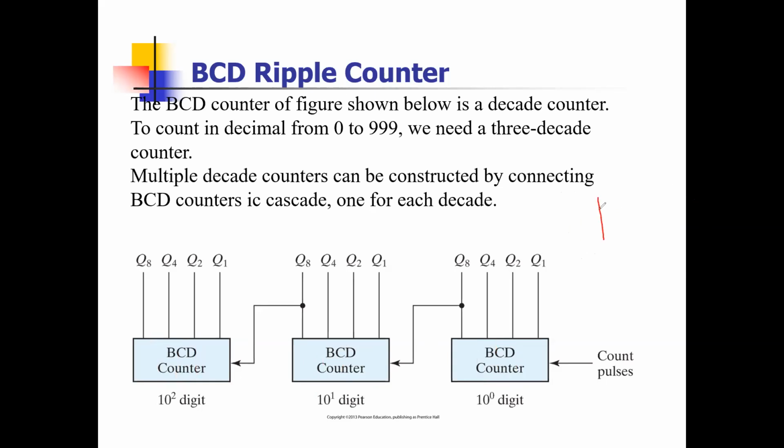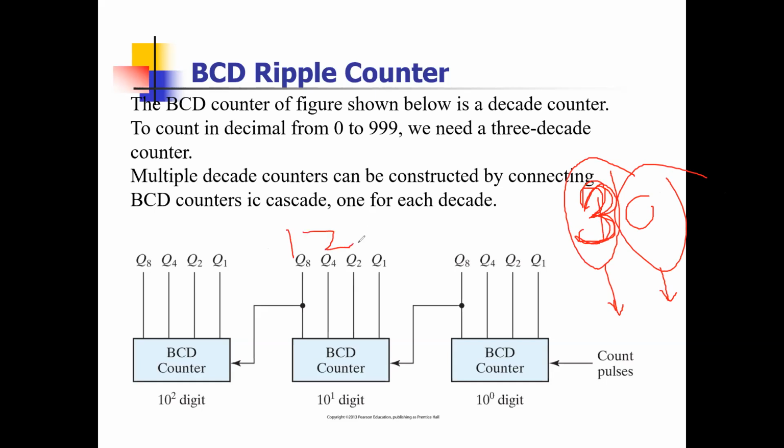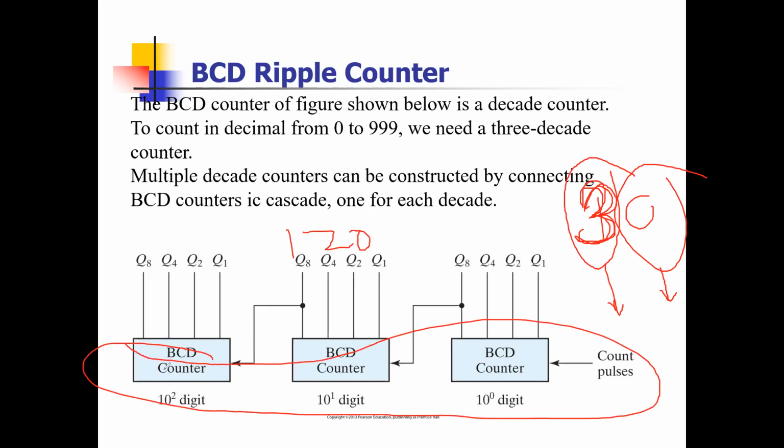If I want to represent like 30 seconds, how many BCD counters will I use? 2, because one will represent 3, one will represent 0. Okay, 120, we will use 3 digits. So if I want to represent 3 digits, I need to use 3 BCD counters.